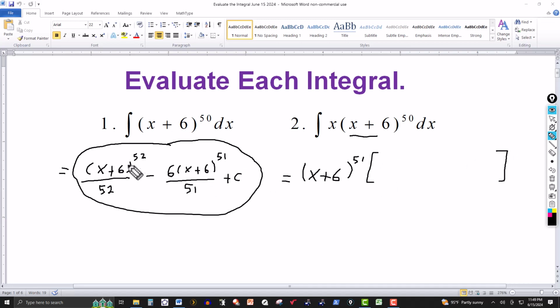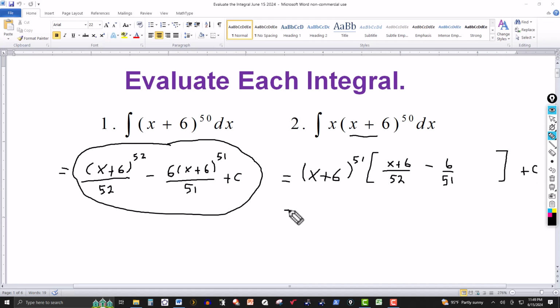On the first term, it'll leave me with x plus 6 to the first power, and that's still over 52 here. And then here I'm taking out x plus 6 to the 51st power, so that's going to leave me with minus 6 over 51. And I still have the constant of integration.